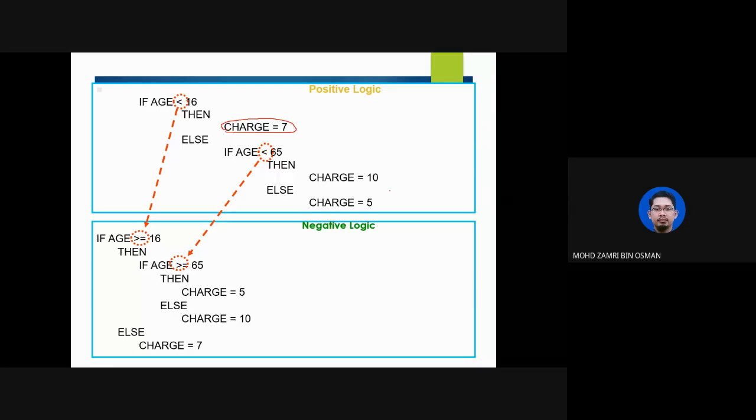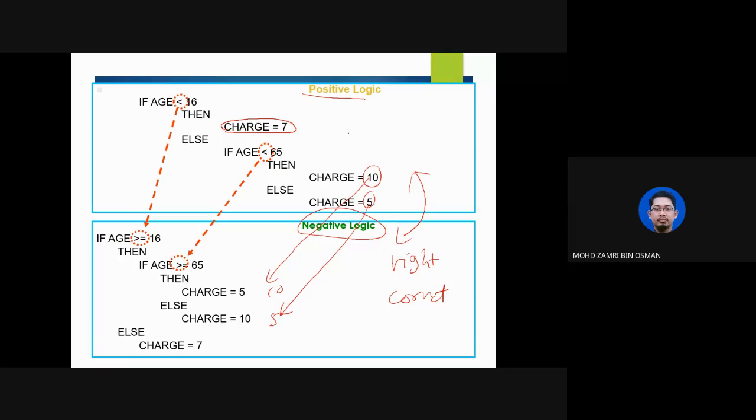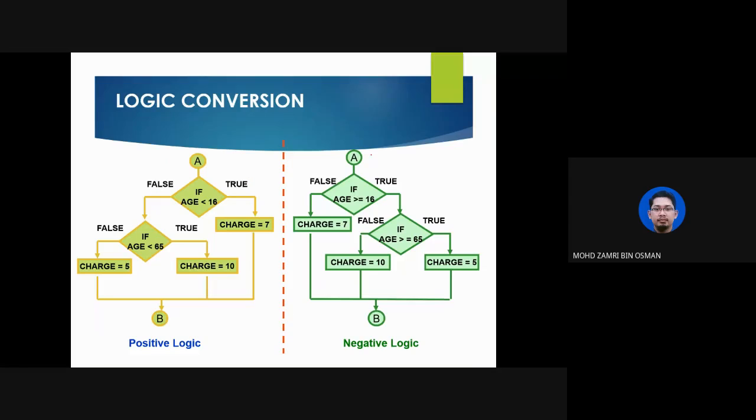Instead of 10, 5 here. Try to look here, right? But if you run the program, if you run the algorithm, both of these are right or correct because we are using positive or negative to represent the algorithm, right?